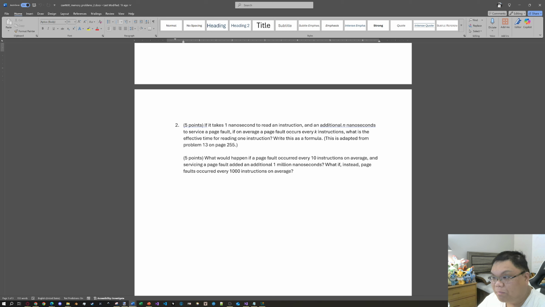So that is another problem from the book, but I added an extra problem, and that is to use this formula. What would happen if a page fault occurred every 10 instructions on average, and servicing a page fault added an additional 1 million nanoseconds? And then what if instead page faults occurred every 1,000 instructions on average? We are working with averages here because in practice, it's gonna get really messy really fast.